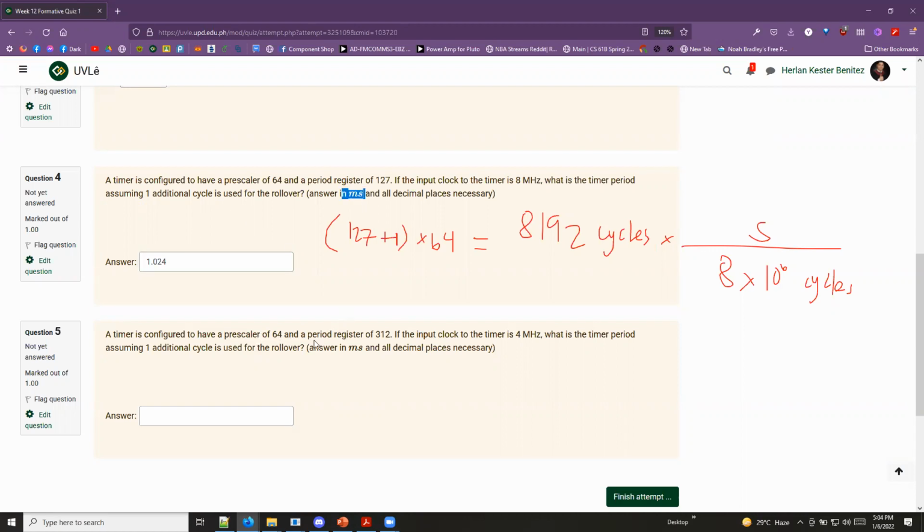And then dito naman sa baba, medyo same, but instead of 127, we have 312. So that gives us 20,000.